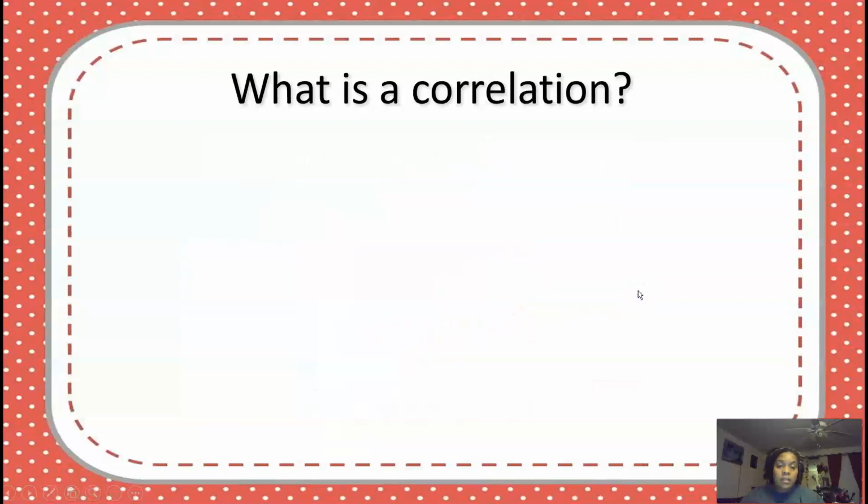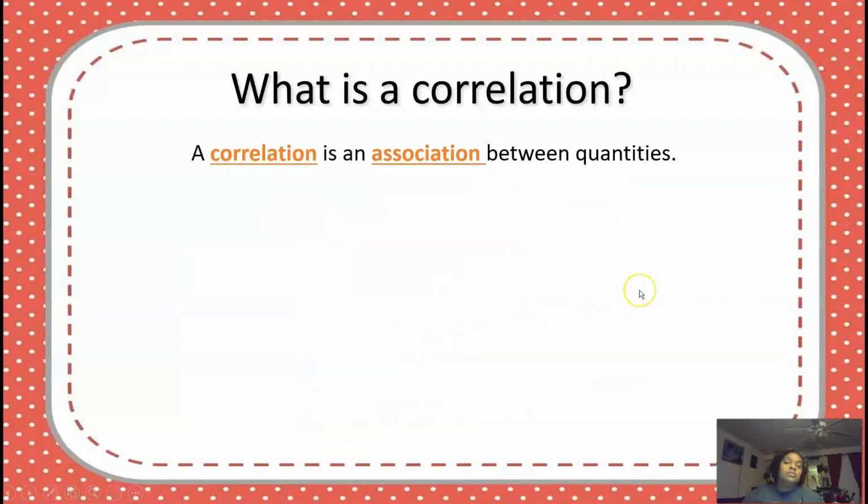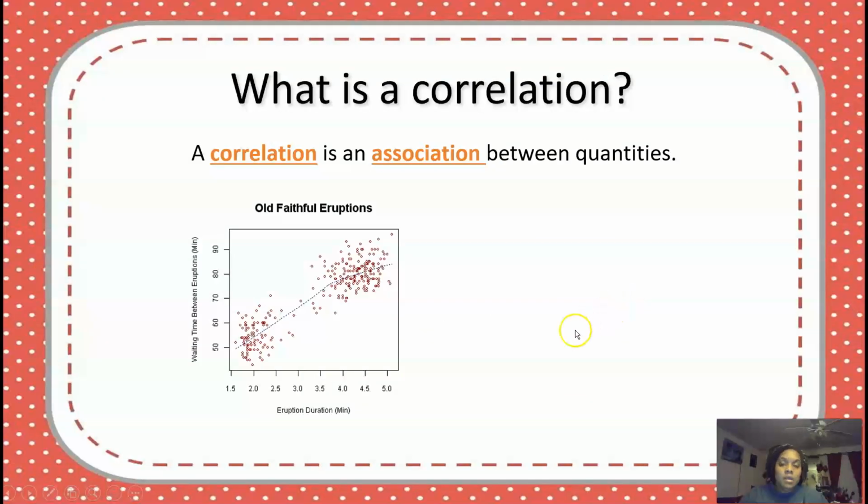Okay. So what is a correlation? A correlation is an association between quantities. So looking at the eruptions at Old Faithful, the waiting time between eruptions, it's not very consistent, but with the information they've gathered, they can draw a kind of best fit line.